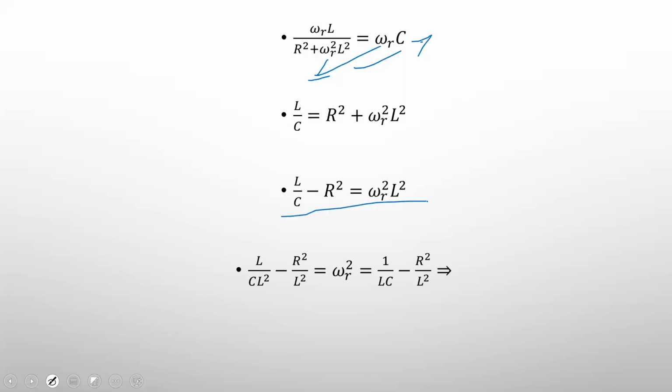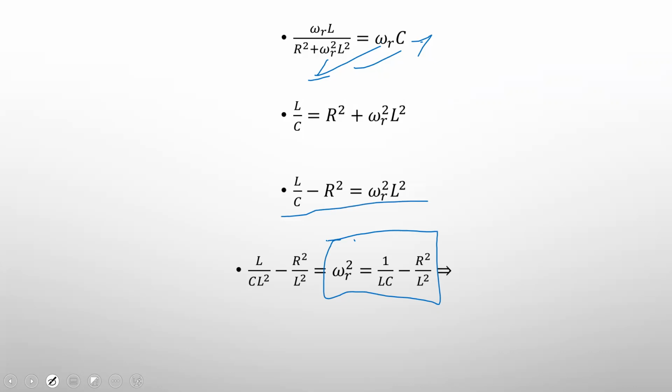So simplifying, and then dividing throughout by L squared, we get omega R squared to be equal to 1 over LC minus R over L all squared.